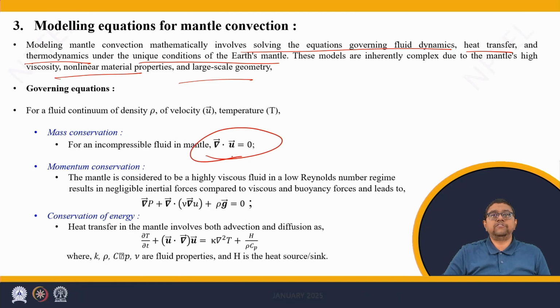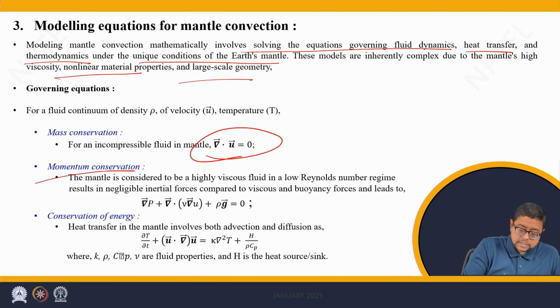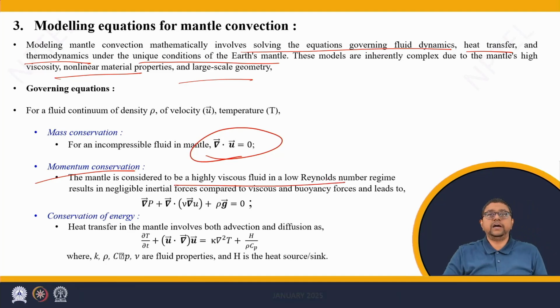First, we have the divergence of u equals 0, which represents the continuity equation or conservation of mass. Secondly, we have the momentum conservation equation or Newton's law of motion. Here, the high viscosity fluid requires a low Reynolds number regime, which means that there is no inertial term.